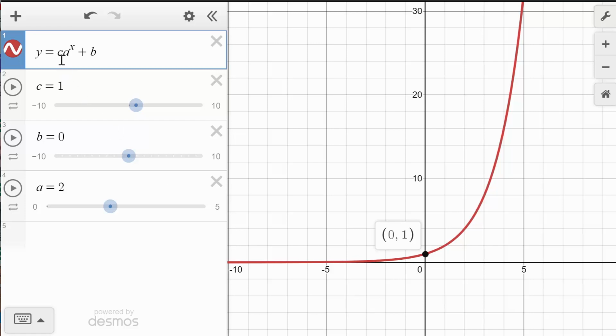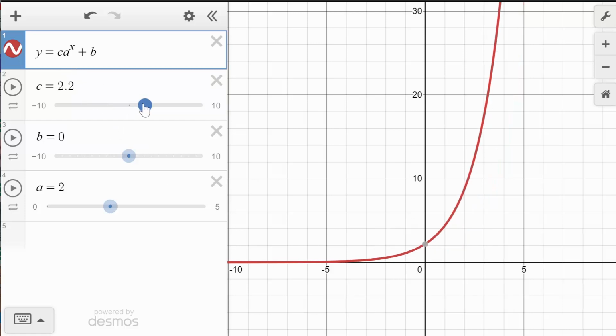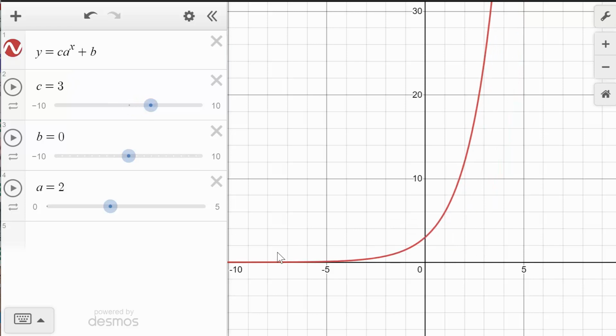Watch what happens when I change c. If I make c 3, the x-axis is still the asymptote, but now it crosses at 0, 3. So c being 3, multiplying outside here, that c being 3 now means that the y-intercept is 3 units above the asymptote.